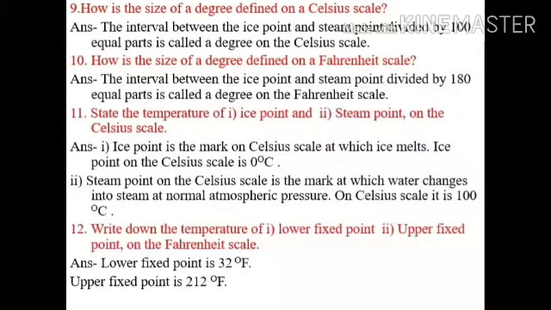And according to question number 11.2, the steam point on Celsius scale is 100 degree centigrade. Question number 12. Write down the temperature of lower fixed point and upper fixed point on the Fahrenheit scale. Answer is lower fixed point is 32 degree Fahrenheit and upper fixed point is 212 degree Fahrenheit.